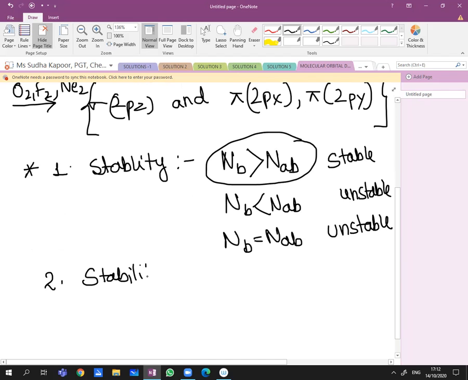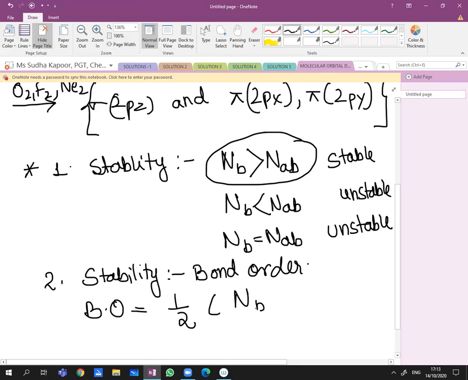Now the second thing: stability can also be given in terms of bond order. In the first case, I gave it in terms of the number of bonding and anti-bonding electrons. Now the other is in terms of bond order. Bond order is defined as half of the difference between the number of bonding electrons and the number of anti-bonding electrons.